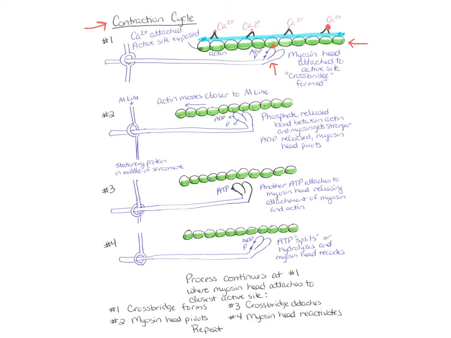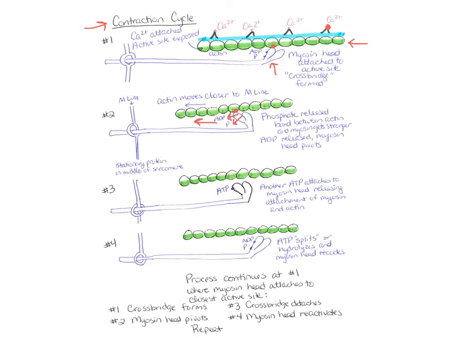In the second step, we have phosphate leaving or breaking away from the myosin head, and that makes the bond between the actin molecule and the myosin molecule even stronger. Then ADP is released, and the breaking of that bond causes the myosin head to pivot.